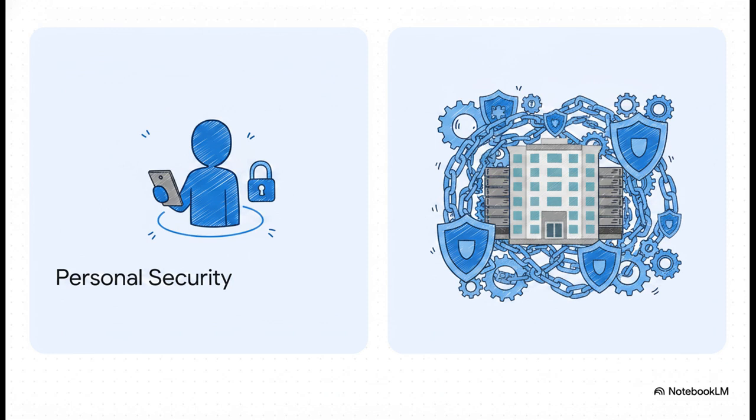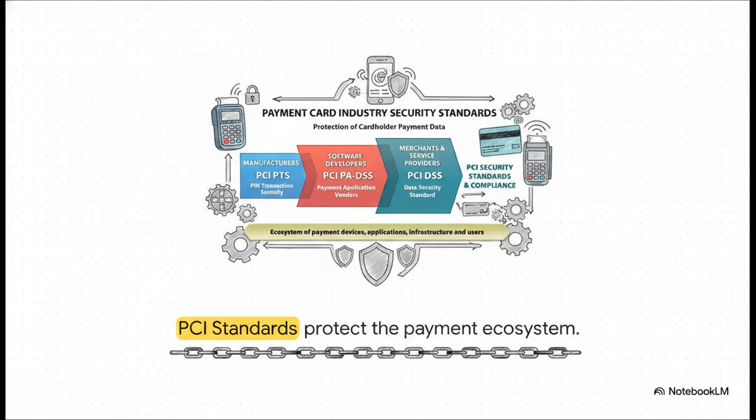Because the stakes are so high, organizations have to focus heavily on strict compliance, rigid governance, and maintaining massive internal security standards just to protect their entire ecosystem. To really grasp how intense that organizational defense gets, just look at the payment card industry, or PCI, security standards. This is way beyond picking a strong password with a special character in it.